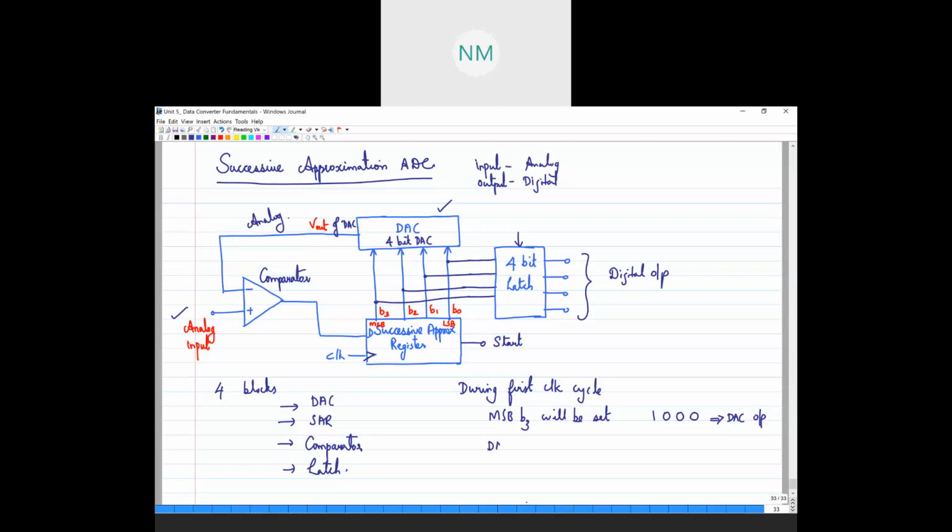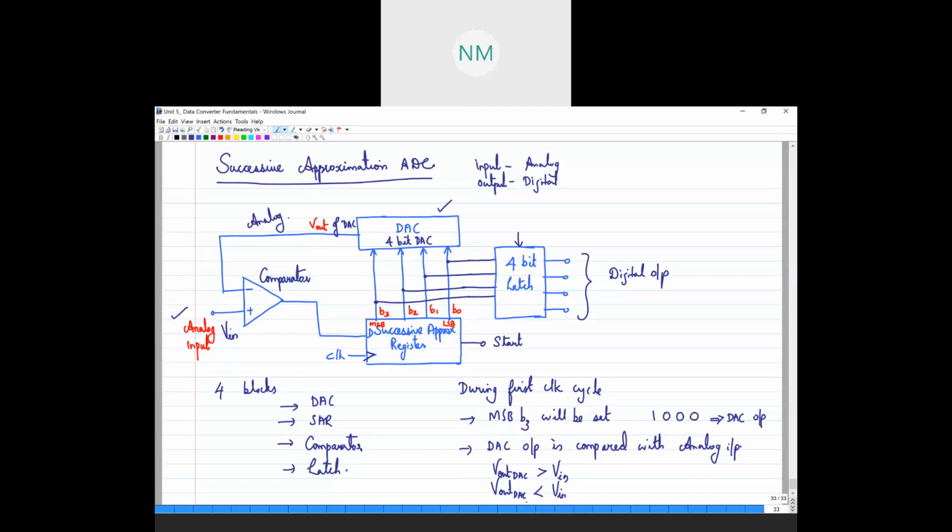Now the DAC output is compared with the analog input. Now there are two cases possible, right? One is the output of DAC, Vout DAC, can be greater than the actual analog input, which I mark as analog Vin, or your Vout DAC can be less than Vin, right?